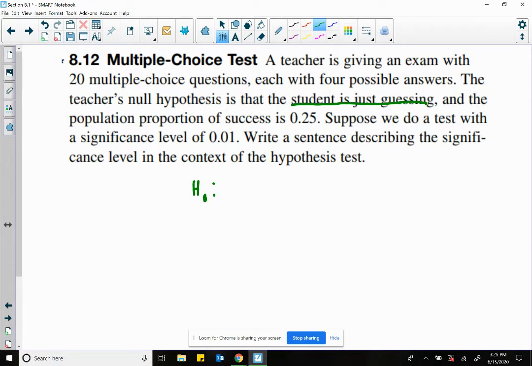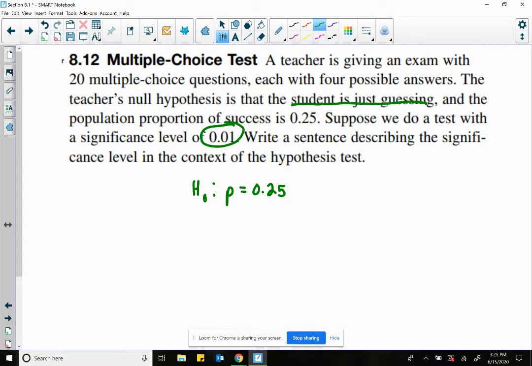And if they're guessing, that population proportion is 0.25. Okay? So suppose we do a test with a significance level of 0.1. They want you to write a sentence describing the significance level in context.